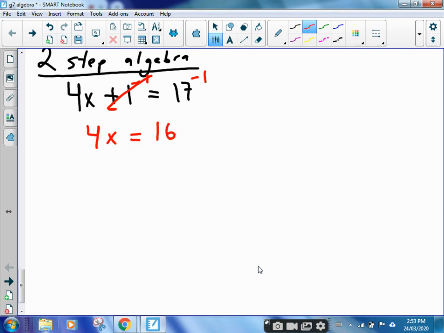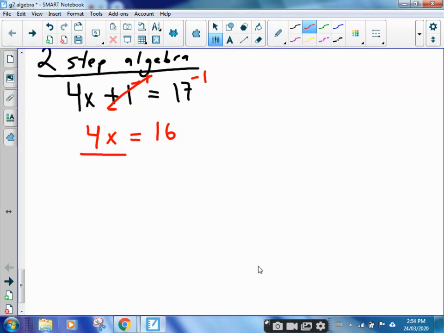Now that we have an equation with a 4 and an x that are next to each other, a coefficient and a variable, and then a number on the other side of the equation, we can do one-step algebra to solve this equation. On the left side of this equation, we've got 4x. Now 4x is the same as 4 times x.